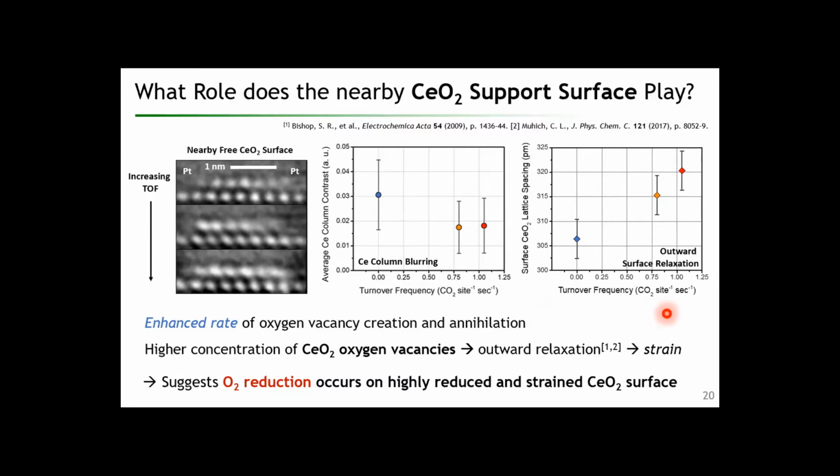This sort of bond elongation also leads to strain in the material at the surface. And all of these factors together suggest that the oxygen reduction takes place on this highly reduced, highly strained cerium oxide surface near the metal support interface.